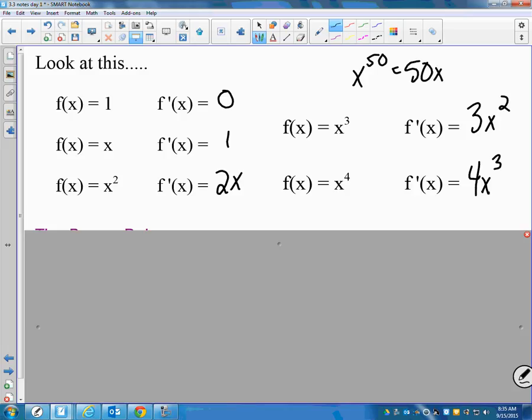So explain to me the rule instead of saying it's going up by 1. Well, the power you bring down front and it becomes the coefficient. Then you subtract 1 from the exponent, and that's the exact thing you would get from doing the limit definition of a derivative. Isn't that exciting?